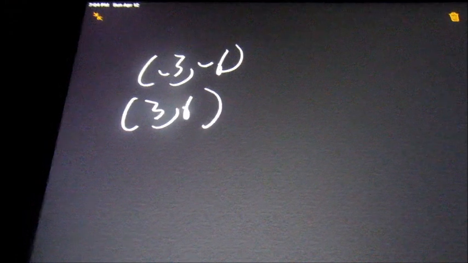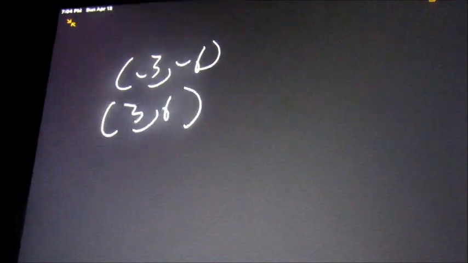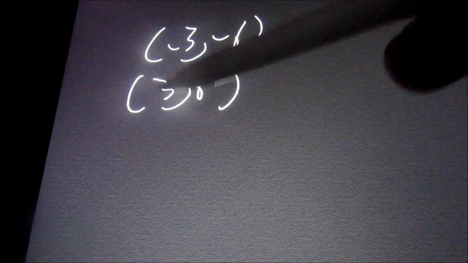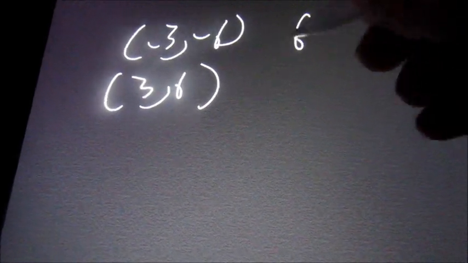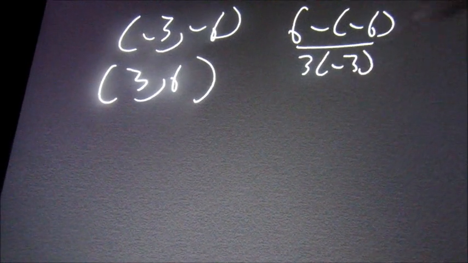Alright, so the next question is going to give you 2 points. Let's say you have (-3, -6) and (3, 6), and you have to find the line that goes through those. So the first thing we do is find the slope. I'm going to say 6 minus -6 over 3 minus -3.